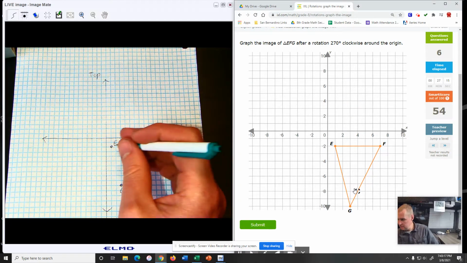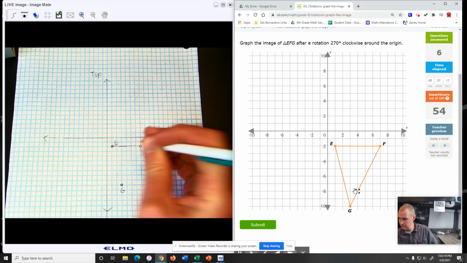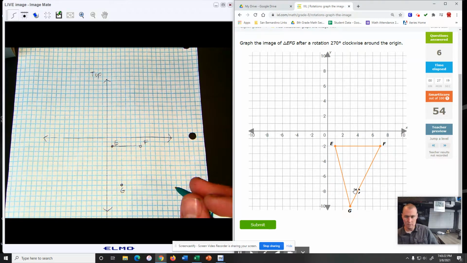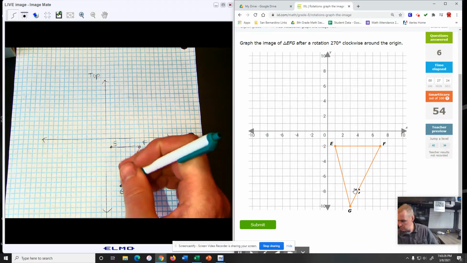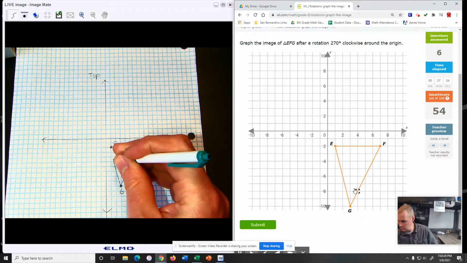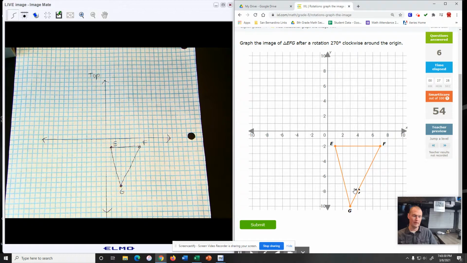So I'm going to connect E to F. F connects to G, and G reconnects back up to E. And there we go. We got our matching triangle on our graph paper.